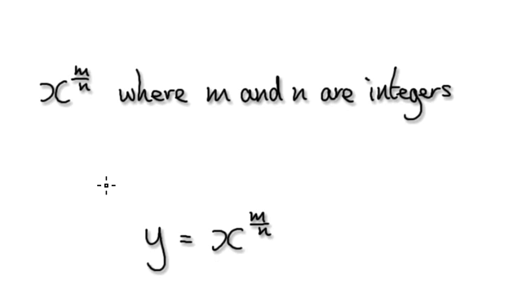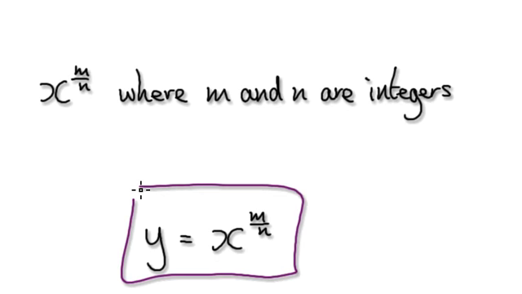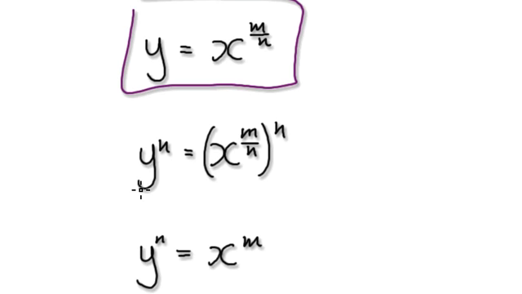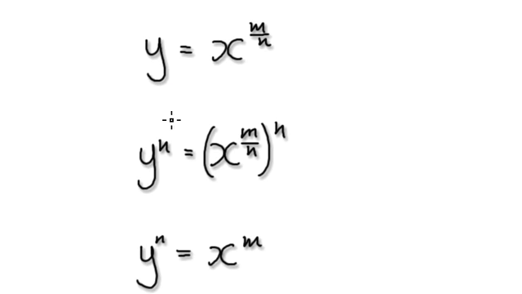Okay, so start out with this here. And then the next step is to exponentiate both sides, so power it to the n on both sides, if that makes sense.